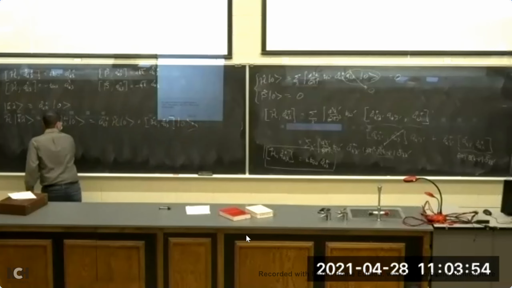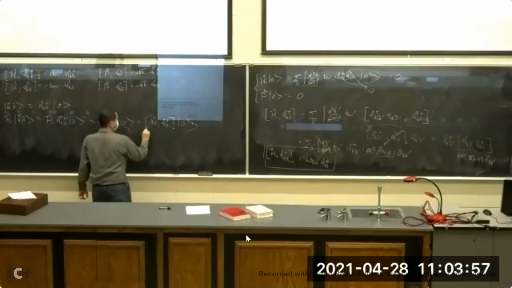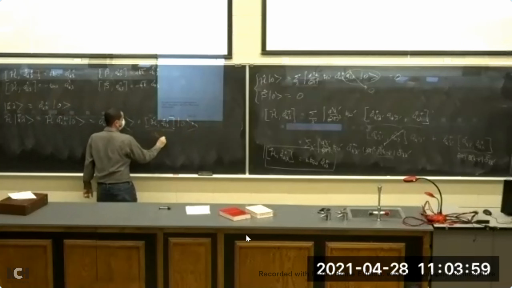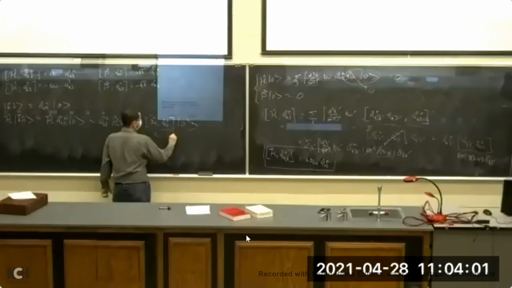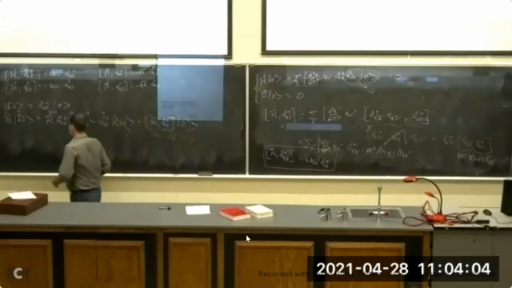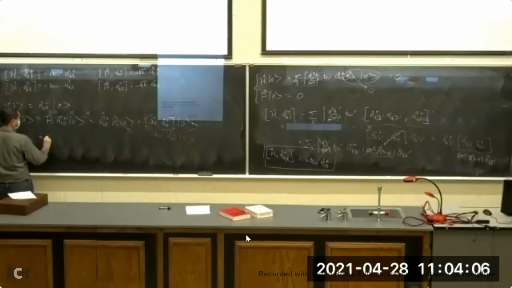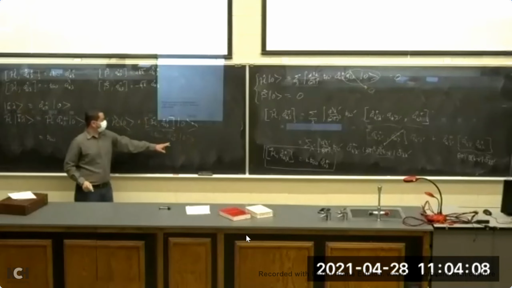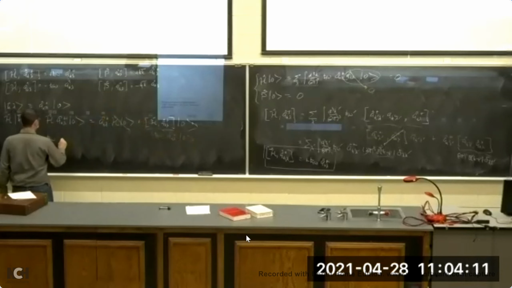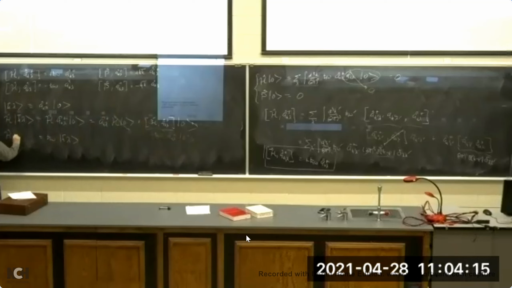The first term is 0, and this second term is plus h bar omega A k lambda dagger. So this is h bar omega, and A k lambda dagger acting on the vacuum is exactly my single particle state, k lambda. So the energy of the state, which I get by letting the creation operator act on the vacuum, is exactly h bar omega. I've added one quantum of energy to the field.